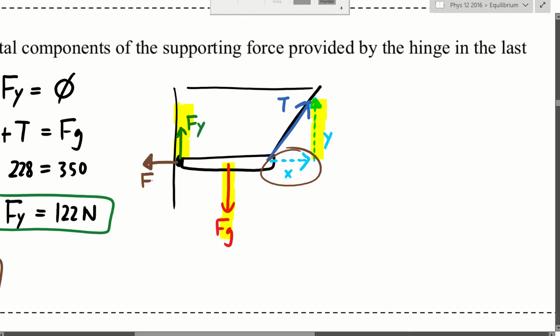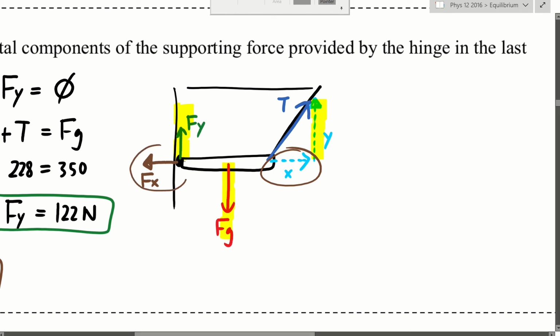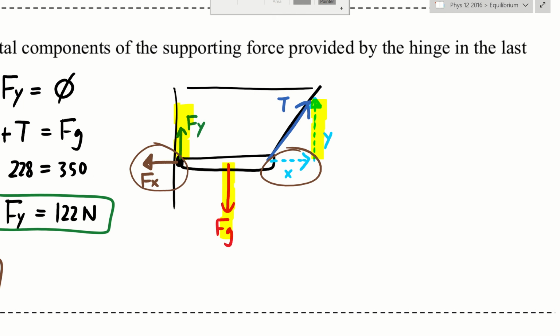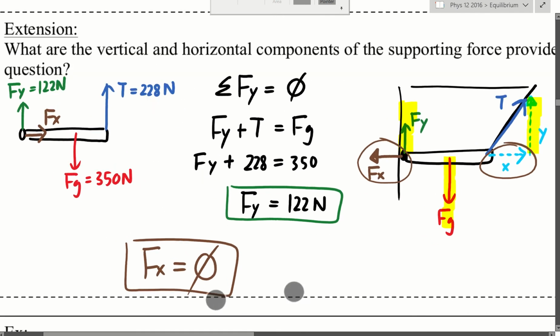You must use a nail, for example, to nail that hinge to the wall so that it won't be pulled by the wire to the right hand side. So then in that case, there will be a hinge force X, which is going to balance tension X. So for the setup we did today, since no force is going to the right or left, there should be no force going to the right or left on the hinge either.